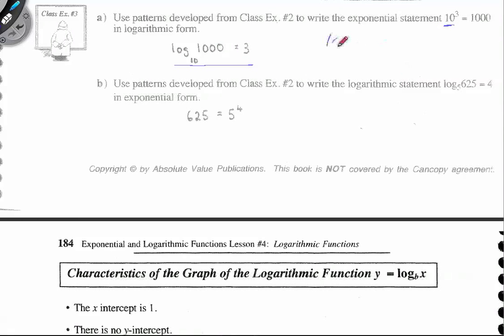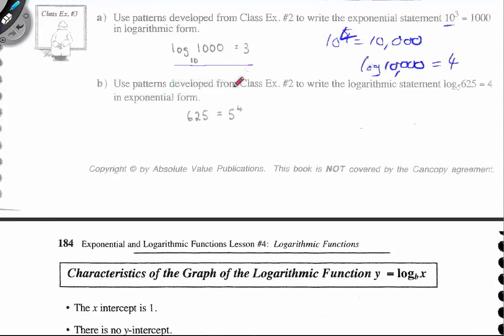If it's 10 to the 4, the answer, which is in this case 10,000, if we log this, the log of 10,000 is going to equal 4. If there were 5 zeros, this would equal 5. If there were 6 zeros, this would equal 6, and so on.